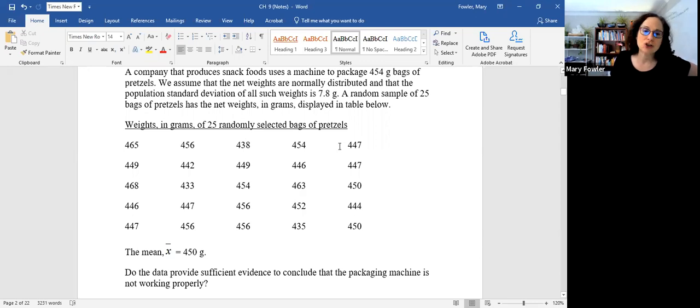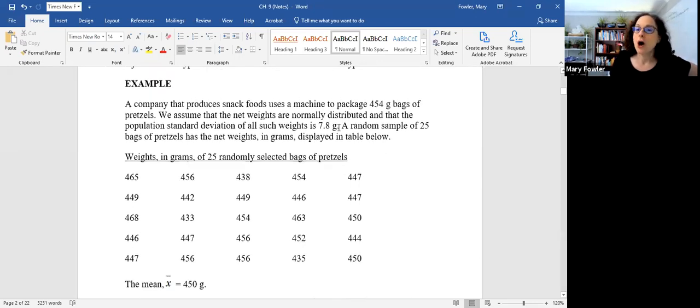And what we're going to start doing is lean on the distribution that we know about the parent population. We'll call this the parent population of all bags of pretzels. And what we assume here is that the net weights are normally distributed and that the population standard deviation is 7.8 grams.